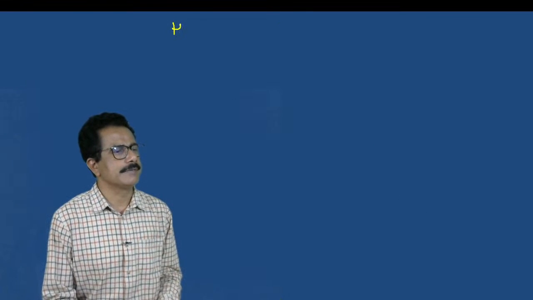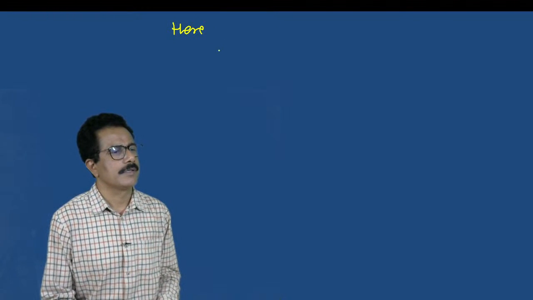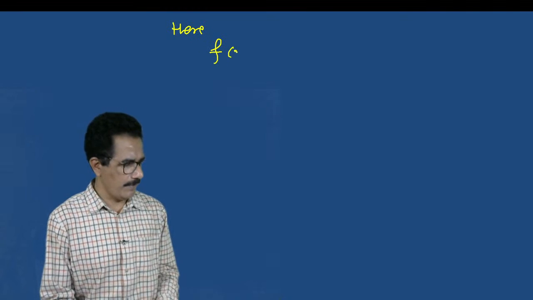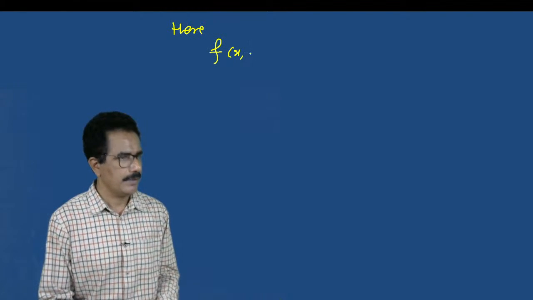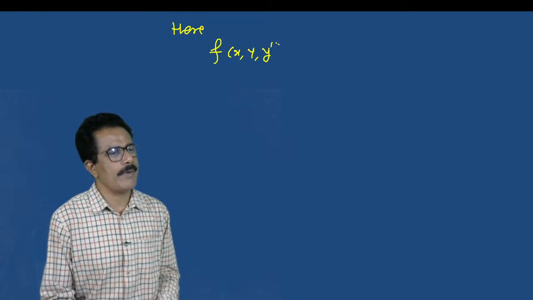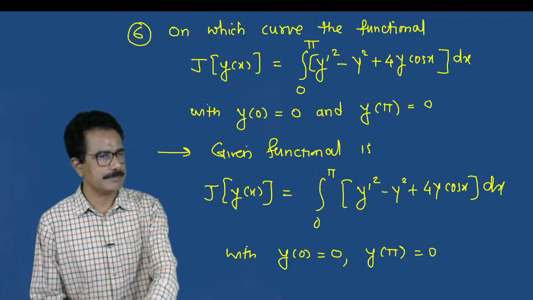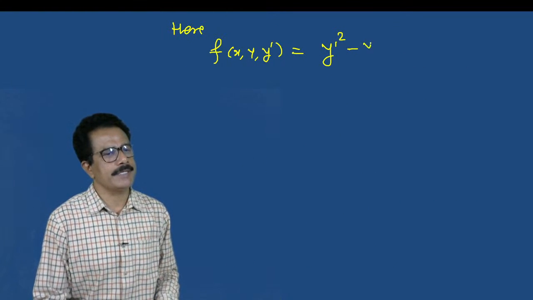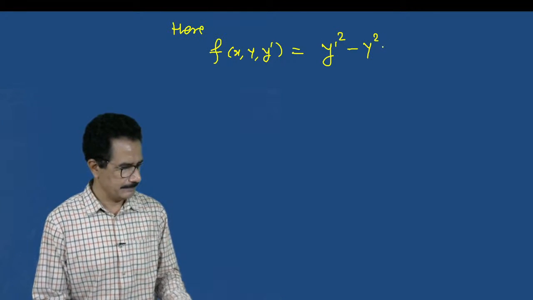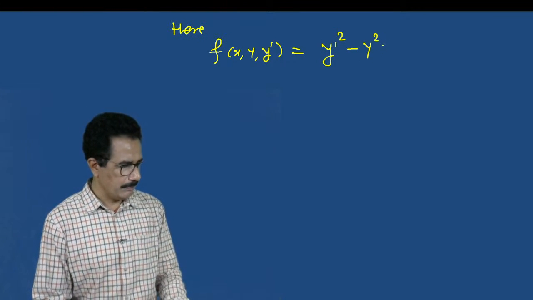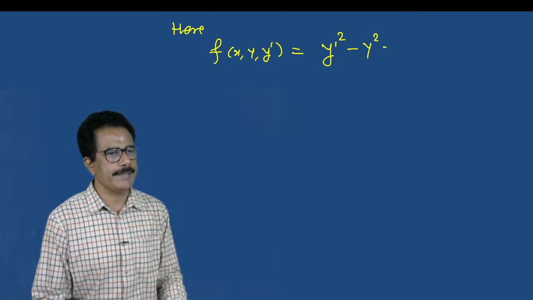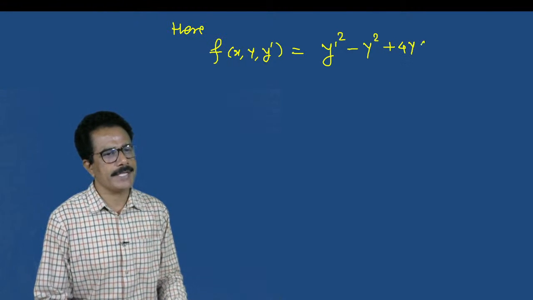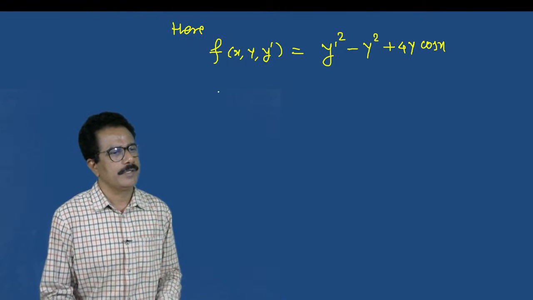So here f of x, y, y dash is equal to y dash square minus y square plus 4y cos x.